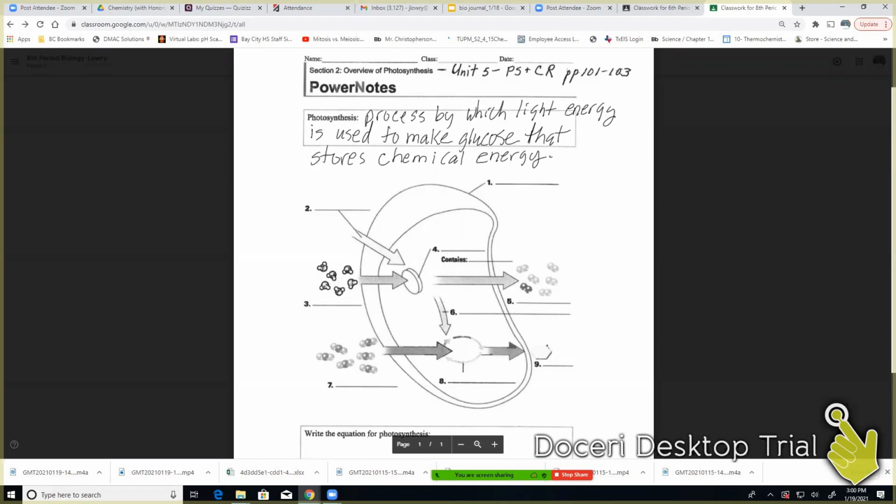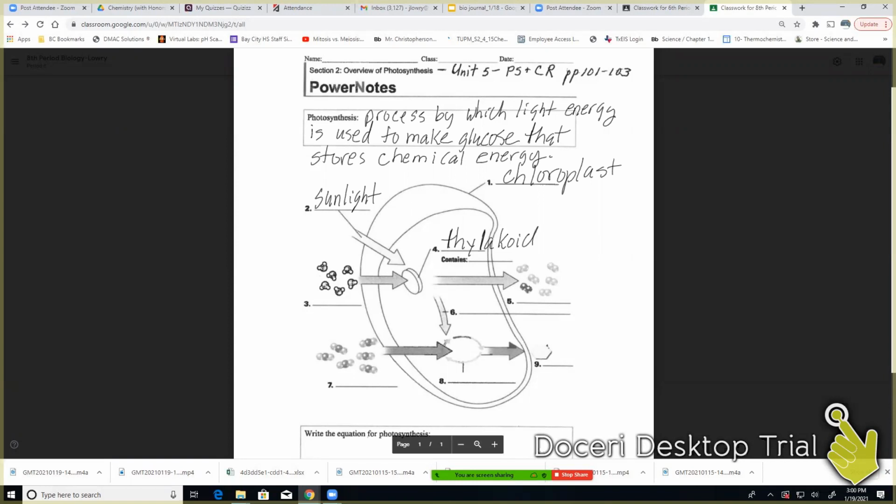So this is supposed to represent a chloroplast. When we start off up here, number 2, that's supposed to be your sunlight coming in. And that little disc is the thylakoid.